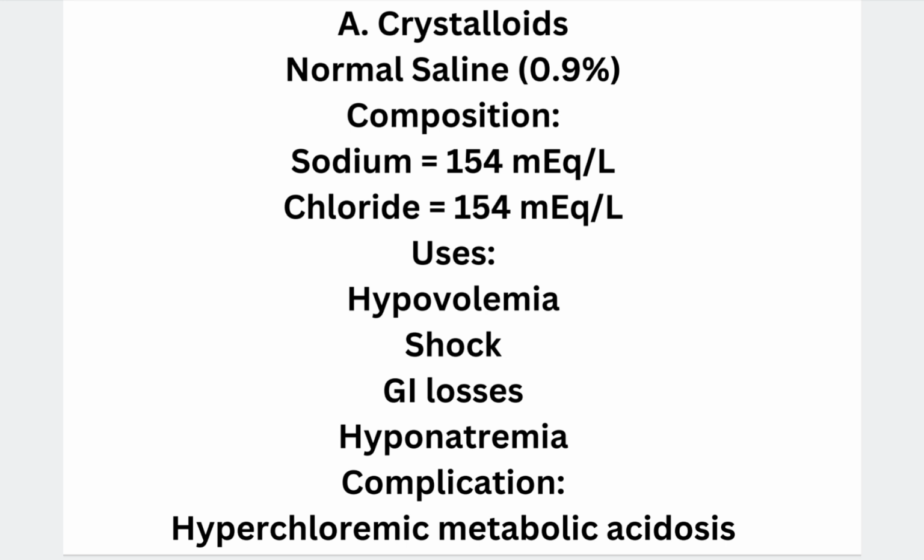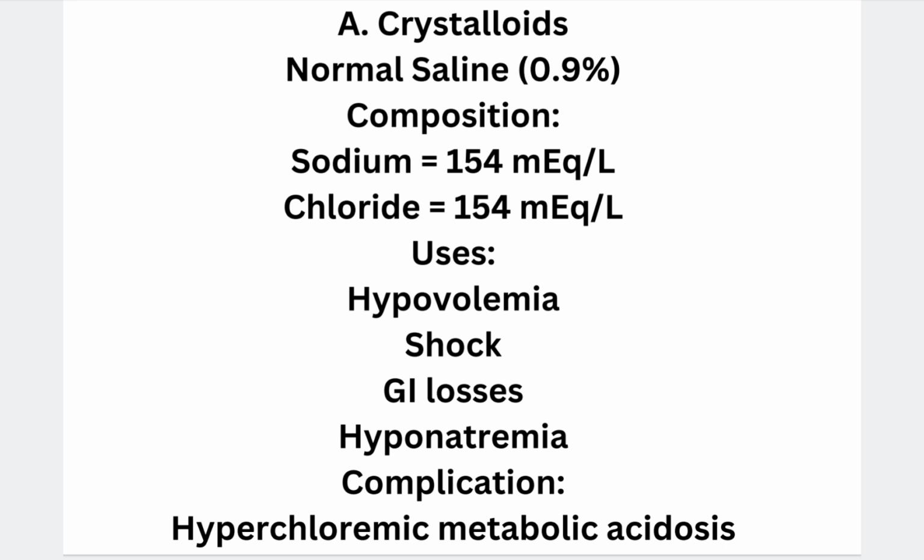So remember, whenever a patient has contraction alkalosis, it is because excessive vomiting leads to ECF, extracellular fluid, depletion. In that aspect, you need fluid replacement. There is a loss of chloride and also a loss of sodium from the body.